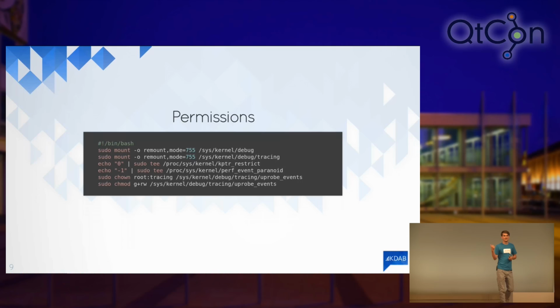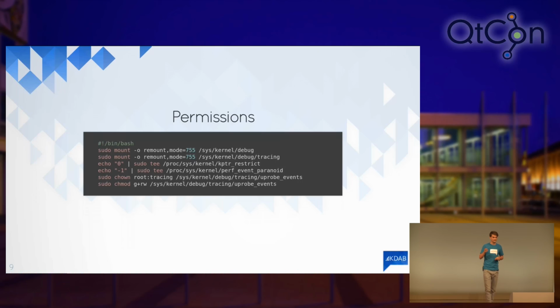I have this little script up here on the slide that sets a couple of things so perf works. Most notably, you need read access to the debug pseudo file system. And if you intend to use tracing capabilities, you also need read access to the tracing file system.